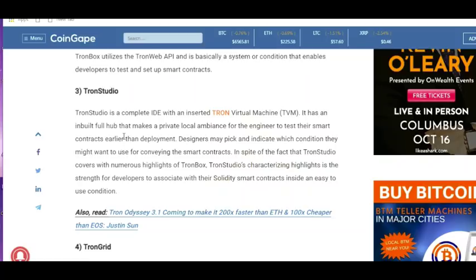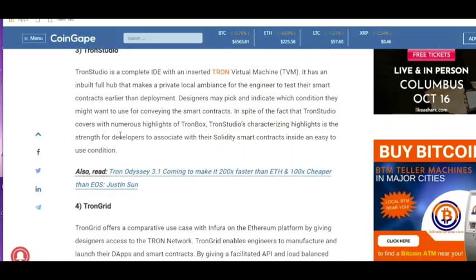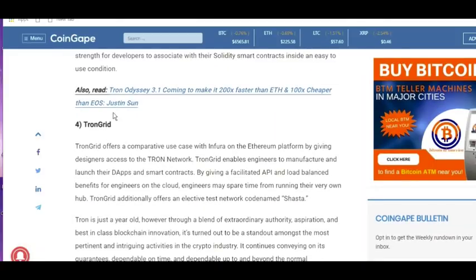In spite of the fact that Tron Studio covers with the numerous highlights of the Tron Box, Tron Studio's characterizing highlights is the strength for developers to associate with their Solidity smart contracts inside an easy use condition. So the Tron Grid offers a comparative use case with Infura on the Ethereum platform by giving designers access to the Tron network.